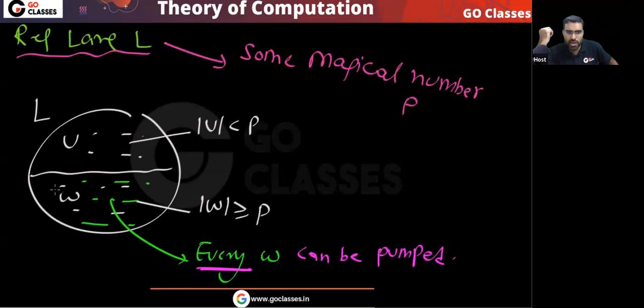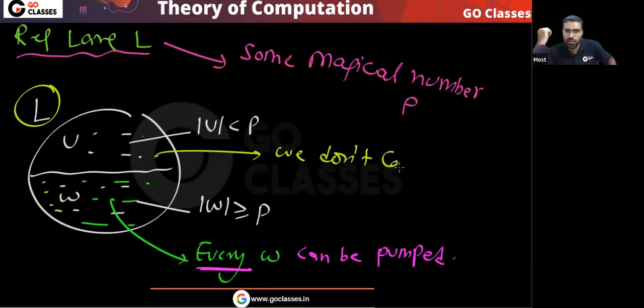Yes, because we are only interested in these strings in this language. These strings we don't care about. But the point is, these strings whose length is greater than or equal to P can be pumped.